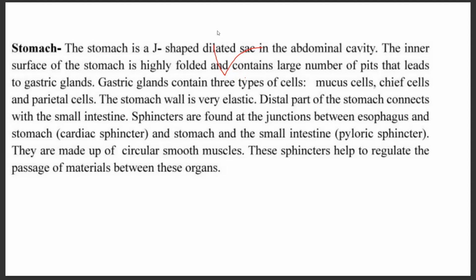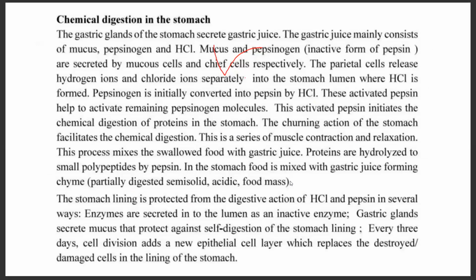The distal part of the stomach connects with the small intestine. Sphincters are found at the junctions between the esophagus and stomach, and stomach and small intestine. They are made up of circular smooth muscles. These sphincters help to regulate the passage of materials between these organs, right? I explained those. Right? Next, chemical digestion.